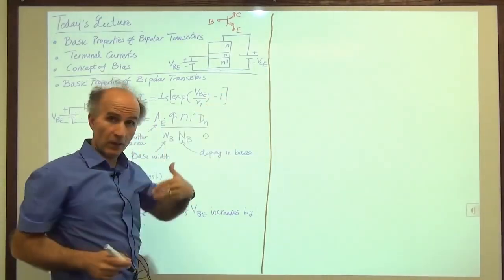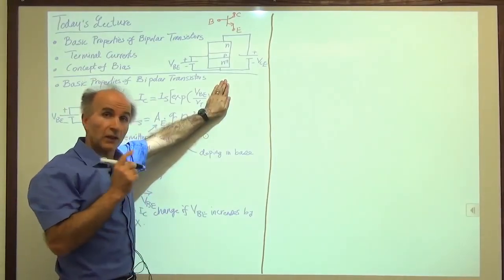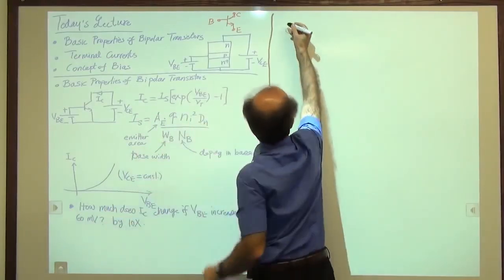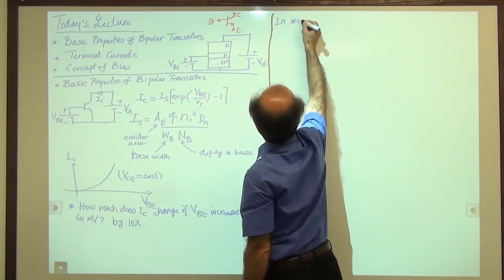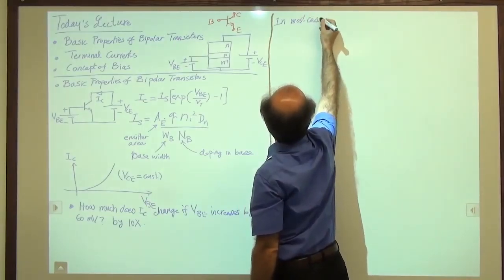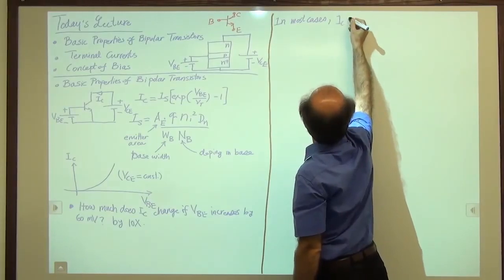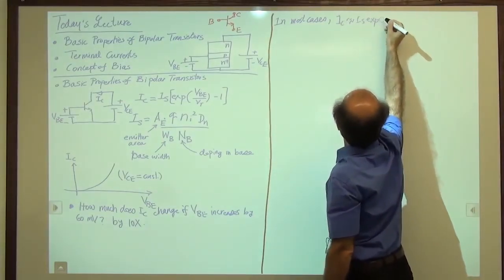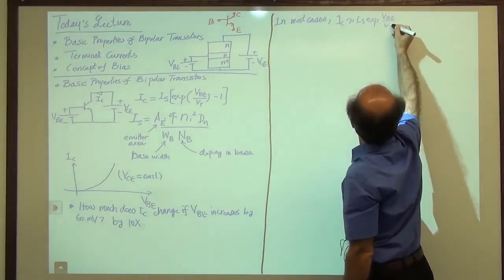So from now on in this course, we assume that this 1 is negligible unless we really need to include it. That means in most cases we have IC approximately equal to IS exp of VBE over VT.